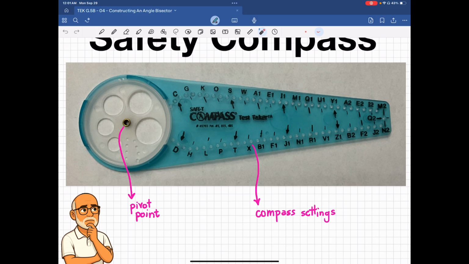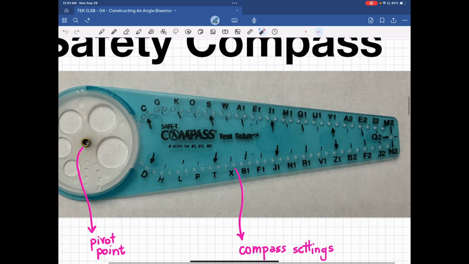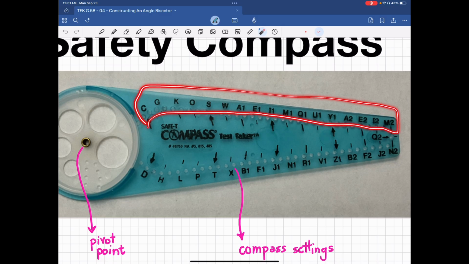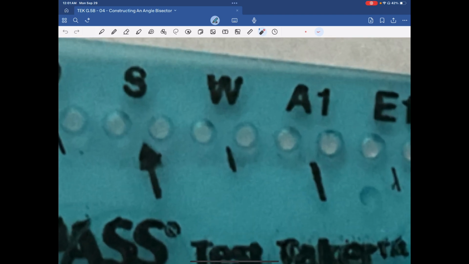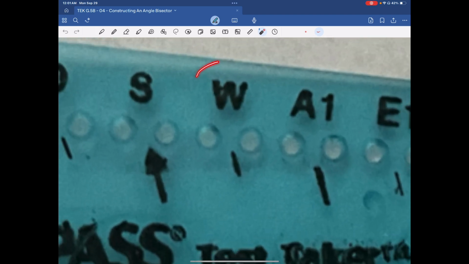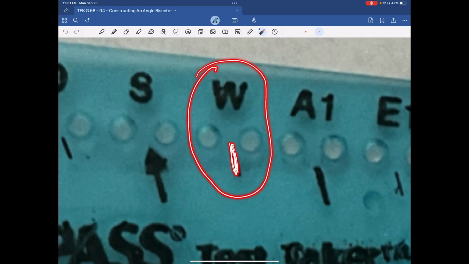Looking at our compass, notice that the compass has letters that go up and down that blue section of our safety compass. And notice that usually every letter has two holes. So let's look at W. If we're looking at W right here, there is a little line that designates a left side and a right side.